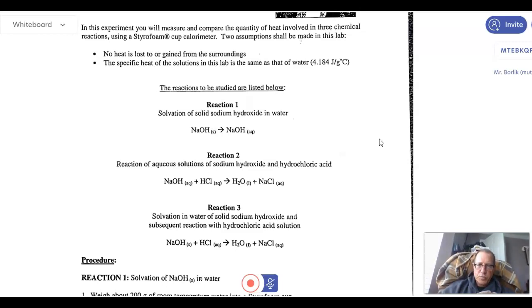We're going to look at the first solvation reaction, then reaction 2, which is sodium hydroxide and hydrochloric acid. We're bringing them together. Sodium hydroxide is the strong base, and hydrochloric acid is the strong acid.